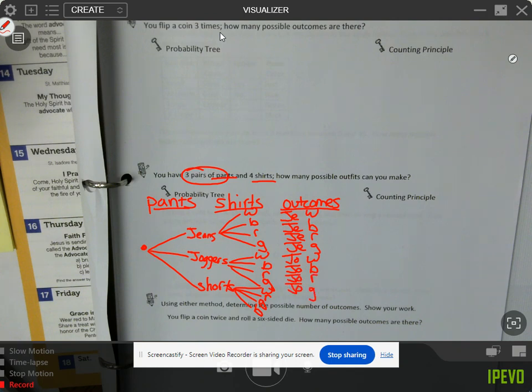I could do shorts with a white shirt, shorts with a blue shirt, shorts with a red shirt, shorts with that green shirt. How many possible outcomes are there when I have 3 pants and 4 shirts? 12. If I add them all up, I see I had 12. Just like with my probability tree, I added up all of those possibilities of flipping heads and tails, and I had 8.